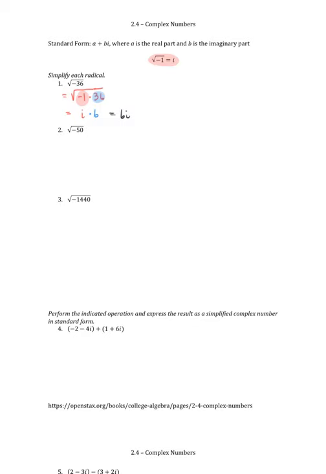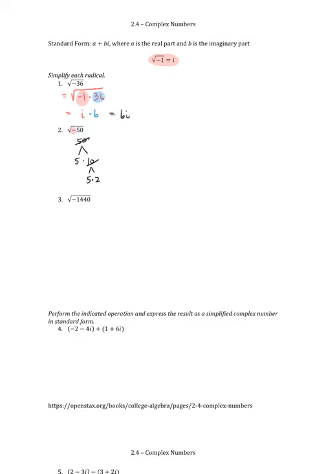So in example 2, the negative will end up being an i. The 50 is not a perfect square. So what we're going to do is a prime factor tree and see how we can reduce this. I can break this up into 5 times 10. 10 will break up into 5 times 2. 5 and 2 are both prime.